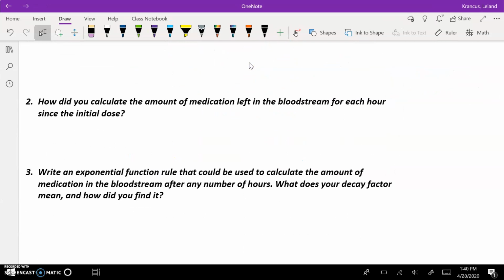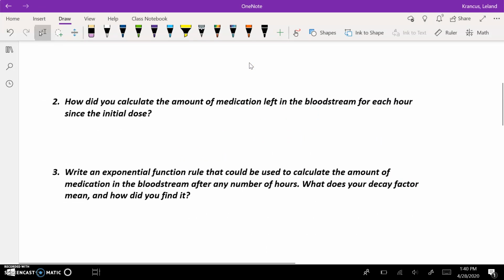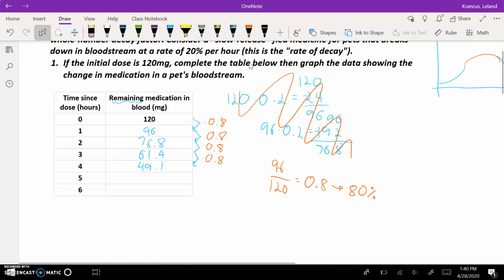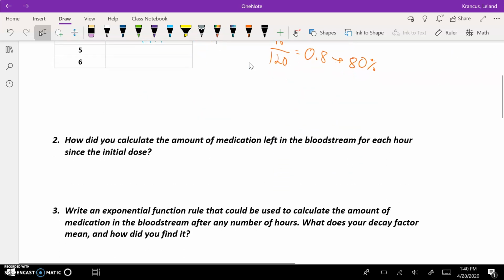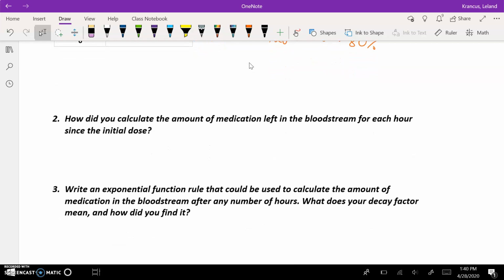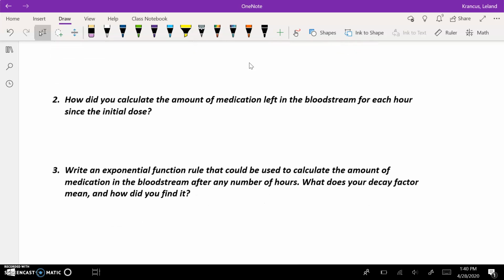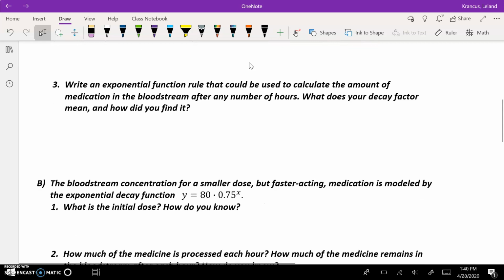Now, I showed the two ways you could calculate the amount of medication left in the bloodstream after each hour. There's sort of the messier way, or there's the way that's using that exponential thinking, what would I multiply it by to achieve that 20% drop? It'd be multiplying by 0.8, and then our function rule was y equals 120 times 0.8 to the power of x.